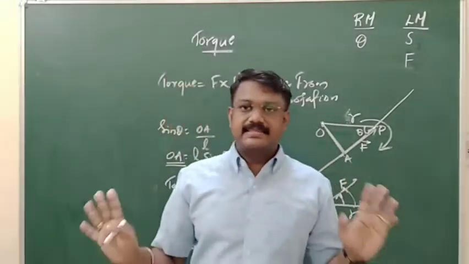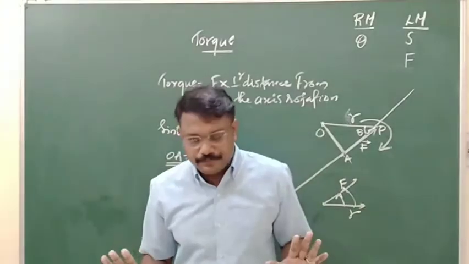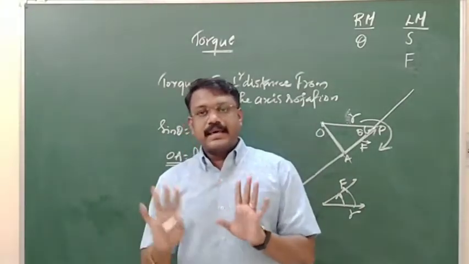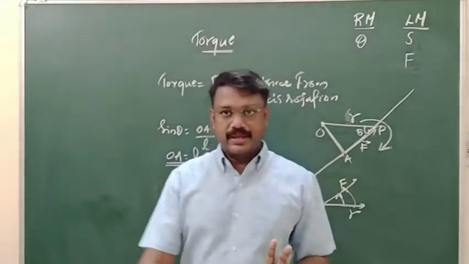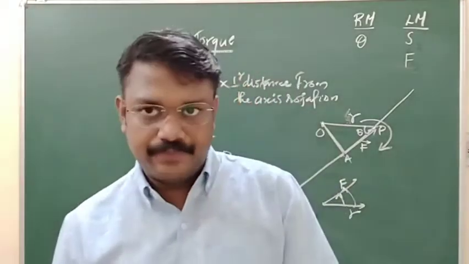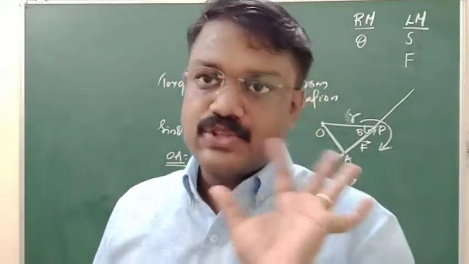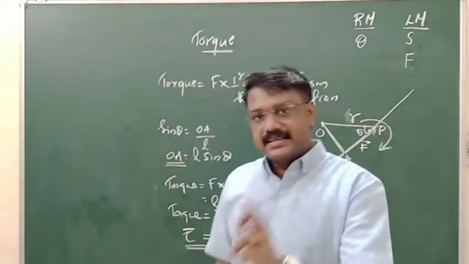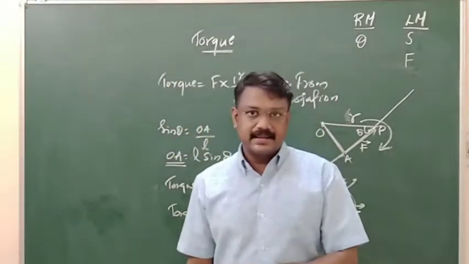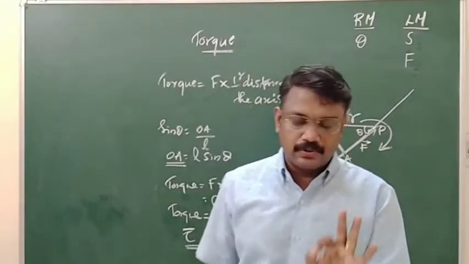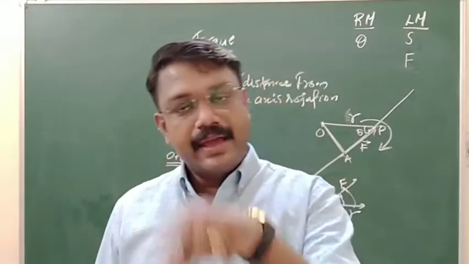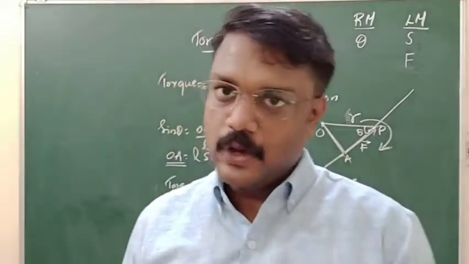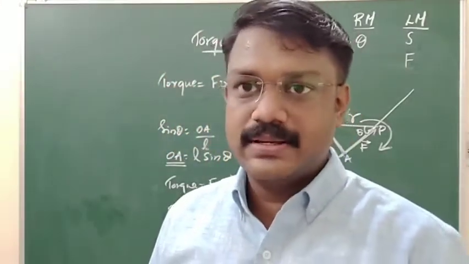Simply, it is the product of force and the distance from the axis of rotation. That is R cross F. If you are taking the perpendicular distance, then it comes as R F sin theta. It is the product of force into the perpendicular distance from the axis of rotation to the line of action of the force. So that is the torque generated.